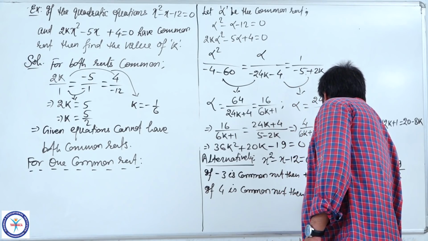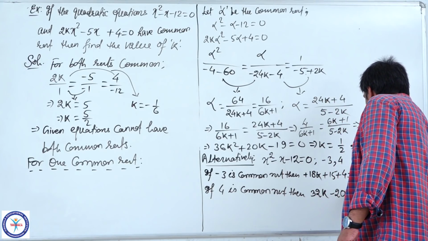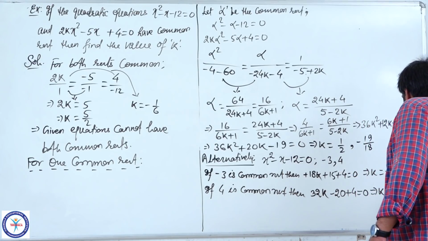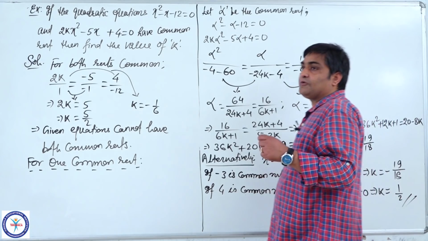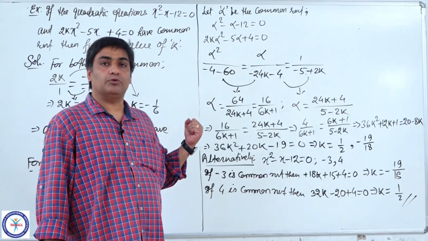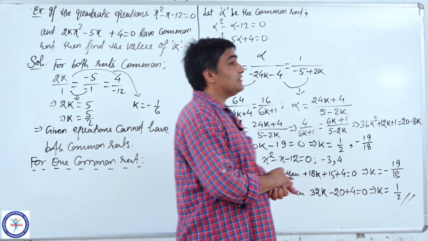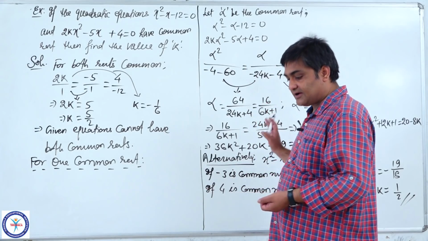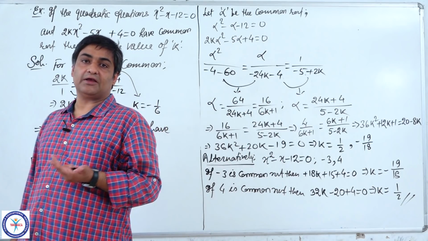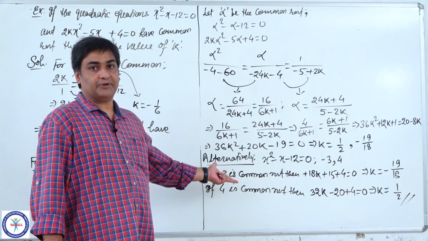So 32k minus 20 plus 4 equal to 0 implies k is 1 by 2. So for a common root, k may have two values, either 1 by 2 or minus 19 by 18. See, both methods are correct, but where we can find the roots of the quadratic equation easily, it is better to apply this method.